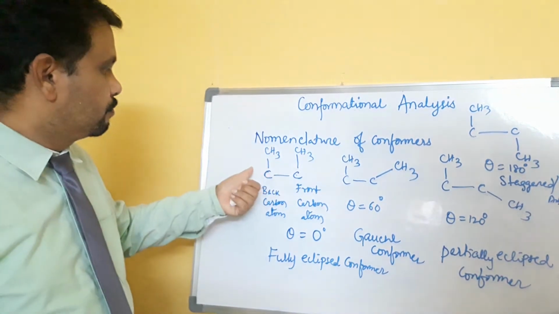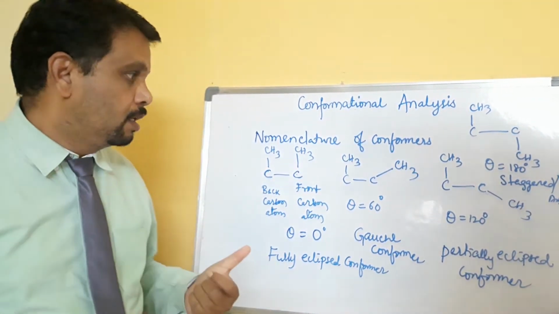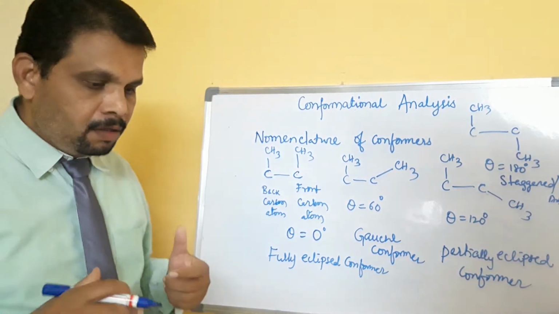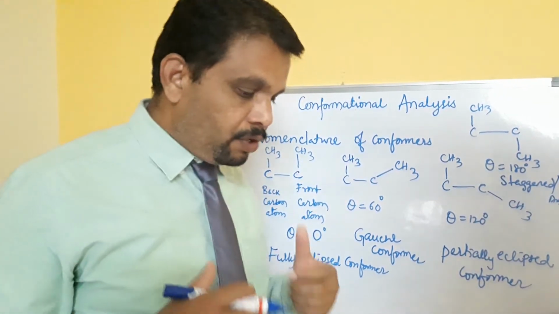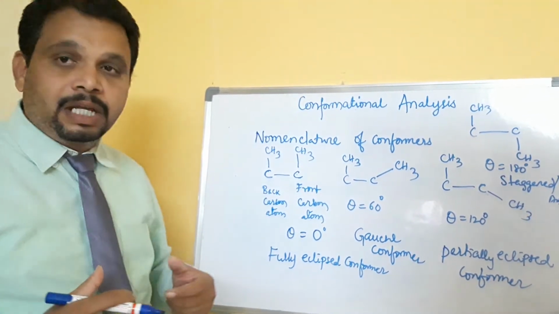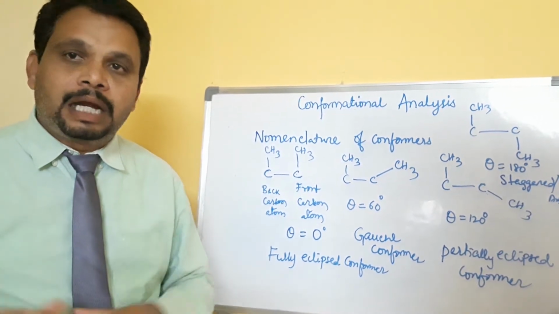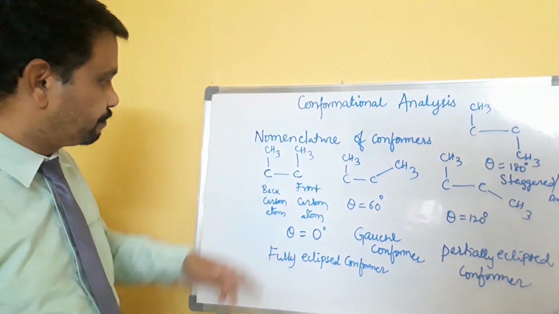So conformers are classified into four types based on fluidicial pairs, which are nothing but top priority atoms or groups on adjacent carbon atoms.